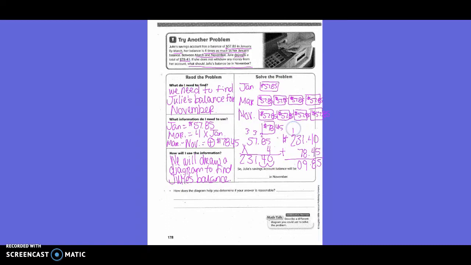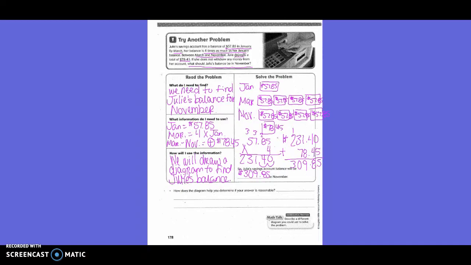Put a 0, carry the 1. 1 plus 2 is 3. So Julie's savings account balance will be $309.85 in November. So how does the diagram help you determine if your answer is reasonable?